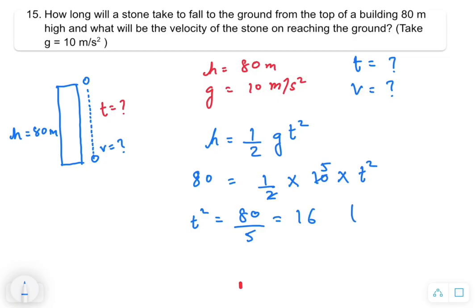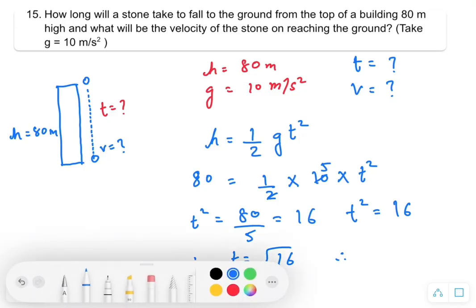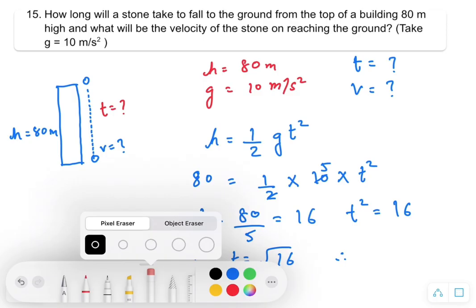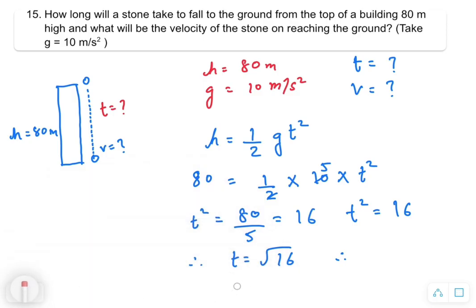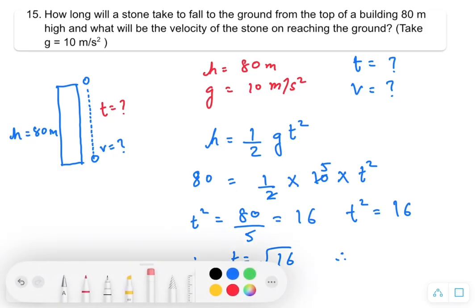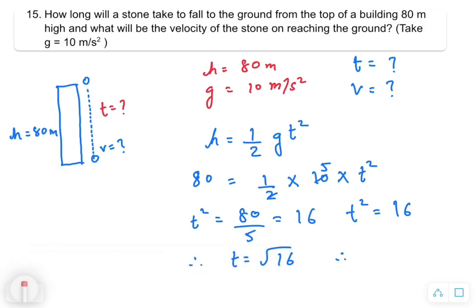So t square would be equal to 16. t would be root of 16. Therefore, I can write t would be 4 seconds.